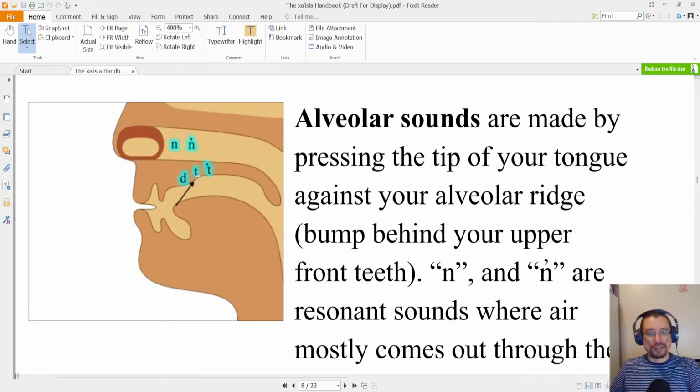Actually it's tuh. The difference between the D and the T is that D is voiced, T is voiceless. And this ejective T is also voiceless. Duh, t, duh, t. They're both made the same way. It's just that with the D, you're using your vocal cords.